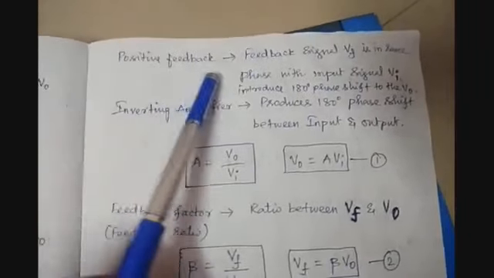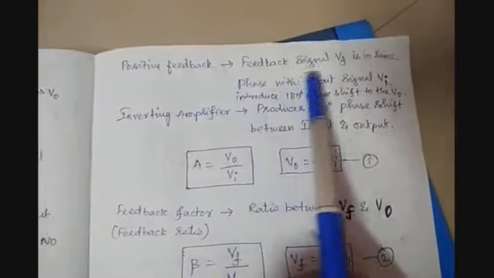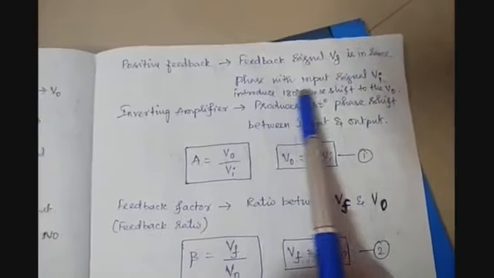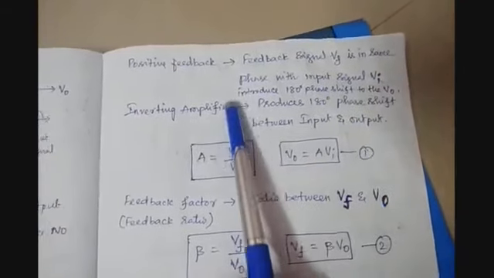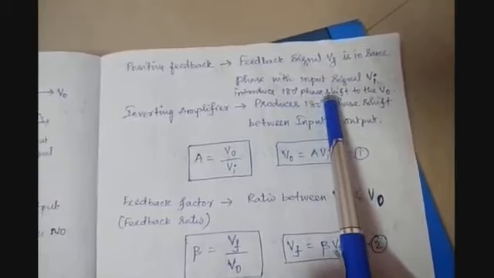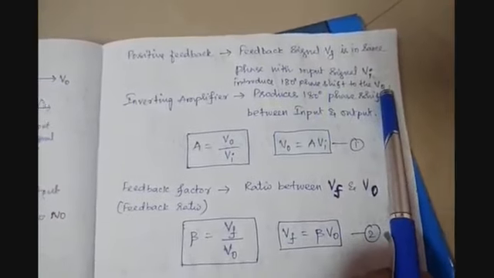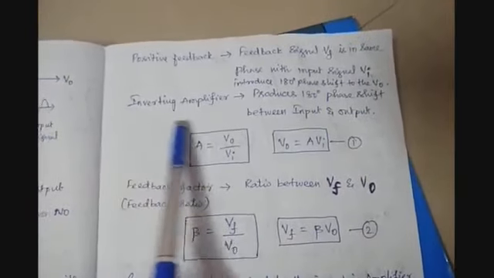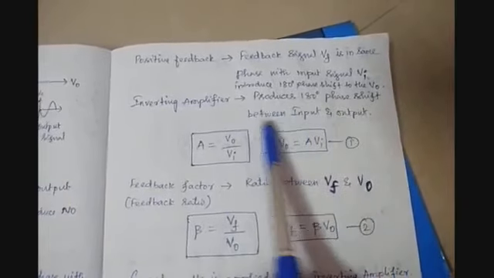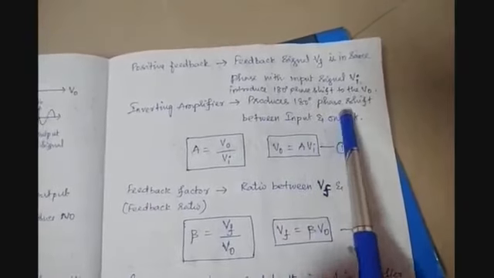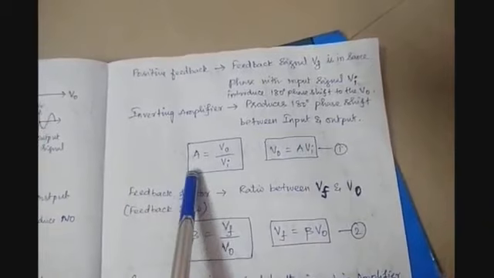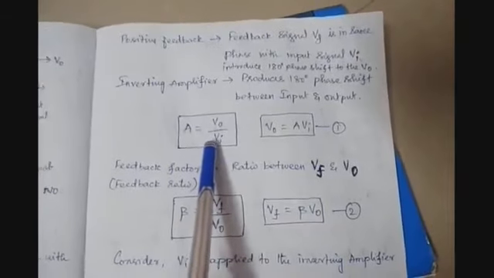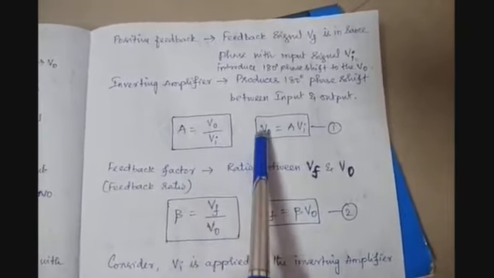And positive feedback, so a feedback signal VF is in same phase with input signal Vi. It introduces 180 degree phase shift to the Vout. Inverting amplifier produces 180 degree phase shift between input and output. This we know already. And inverting amplifier gain equals output voltage divided by input voltage.